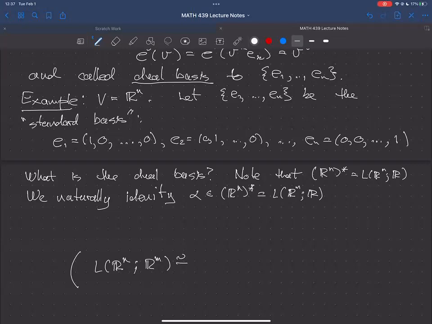They map into R^m, and so they will have m rows and n columns, so it will be R^(m by n). We're going to use this here, and we're going to write elements of R^n dual as 1 by n matrices.